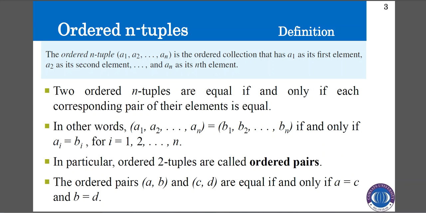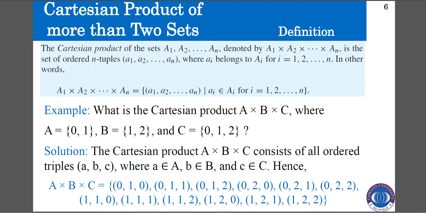Many of these structures are based on the notion of Cartesian product of sets. We first define the Cartesian product of two sets. The Cartesian product of more than two sets is also possible. The Cartesian product of the sets A1, A2, up to An, denoted by A1 × A2 × ... × An, is the set of ordered n-tuples (a1, a2, ..., an), where ai belongs to Ai for i = 1, 2, ..., n.